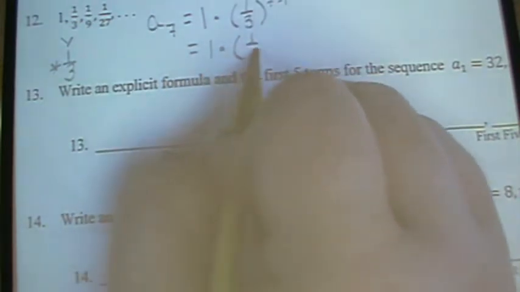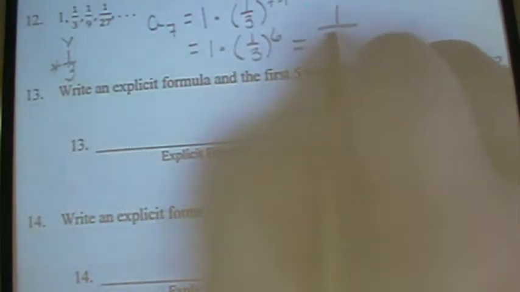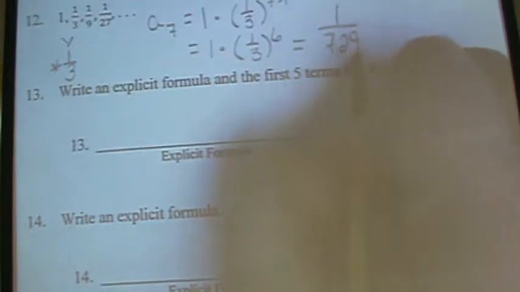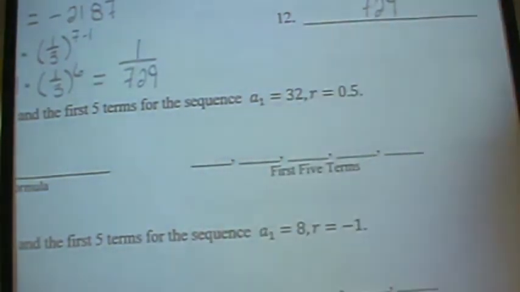So we're taking 1/3 to the 7 minus 1 power. So this equals 1 times 1/3 to the 6th. When you plug that into your calculator, you should get 1 over 729. So number 12 is 1 over 729.